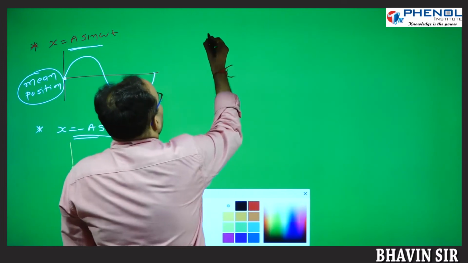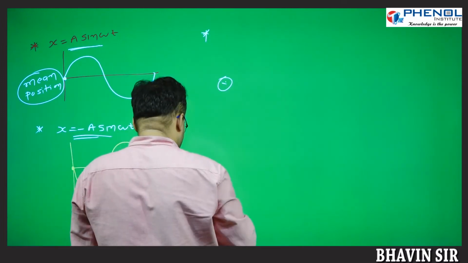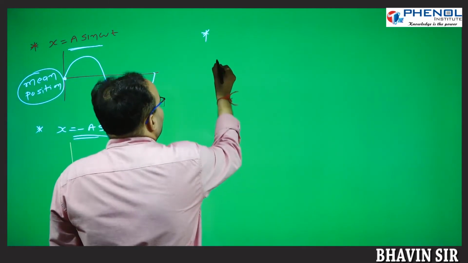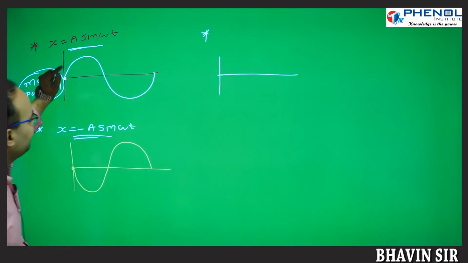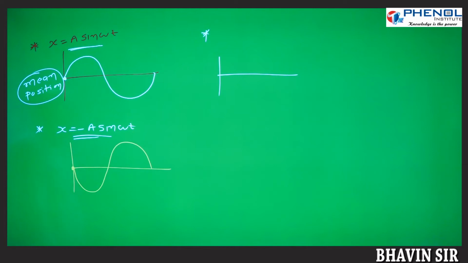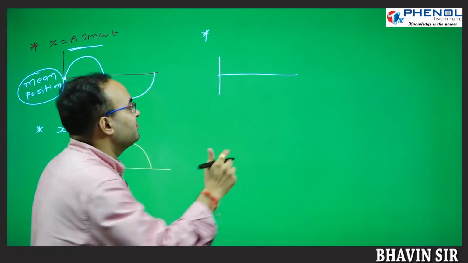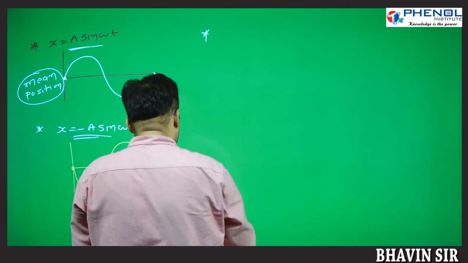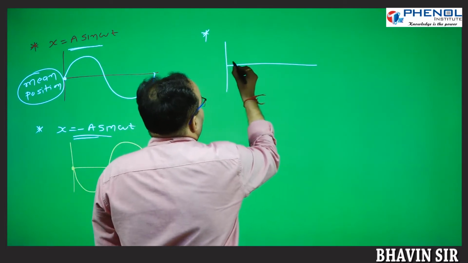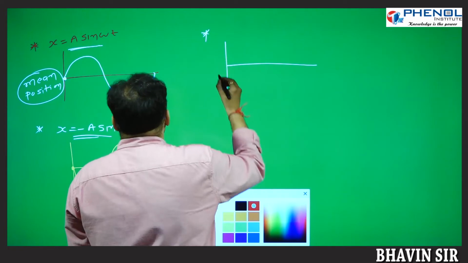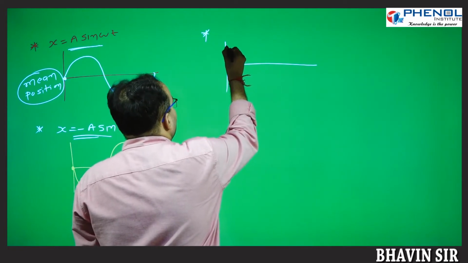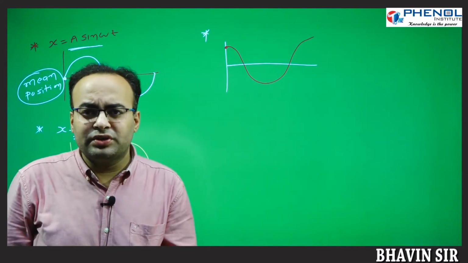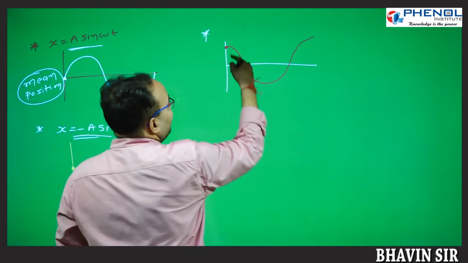If they say oscillation starts from the extreme position, then, unlike oscillation starting from the mean position, this will come. See, oscillation starts from the extreme position. In this way oscillation starts from the extreme position. Then we take, it is a graph of cos, students.